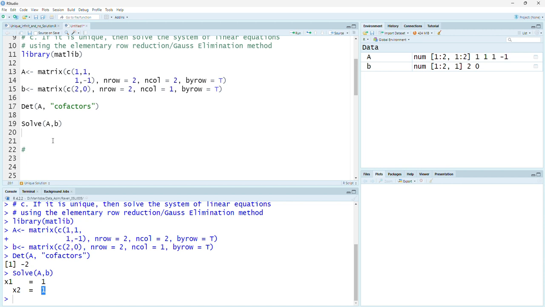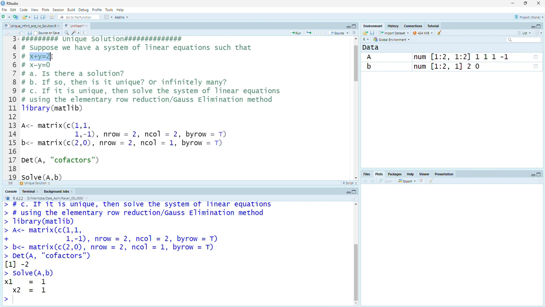If I try to plot it, you will see two lines, because in this system of linear equations, every equation represents one line.